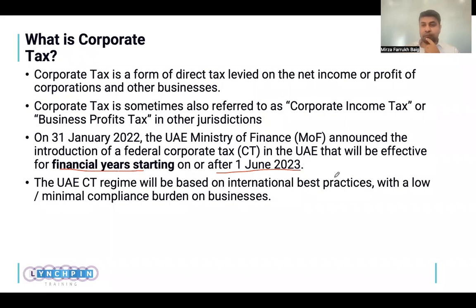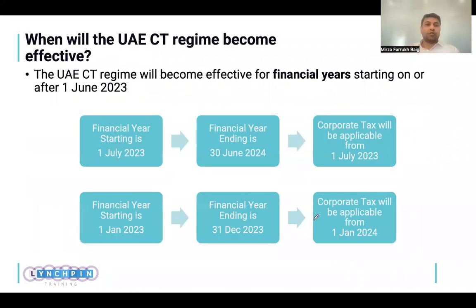It is based on best international practices, and as we are all aware, we have a low tax rate in the UAE, which is only 9%. If you are exposed to other jurisdictions and countries, you very well understand that it is comparatively a lower tax rate.